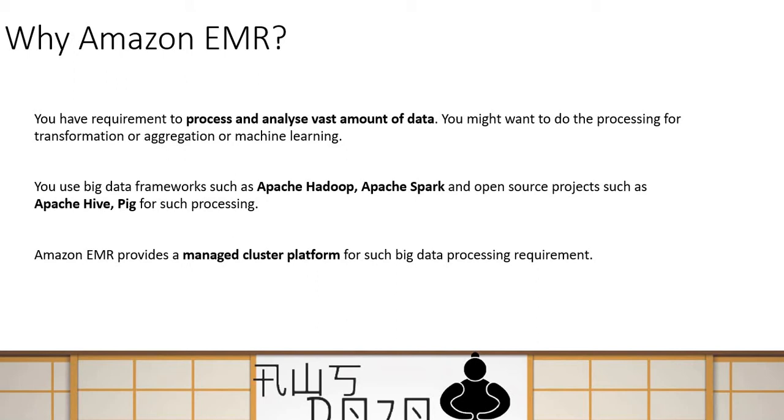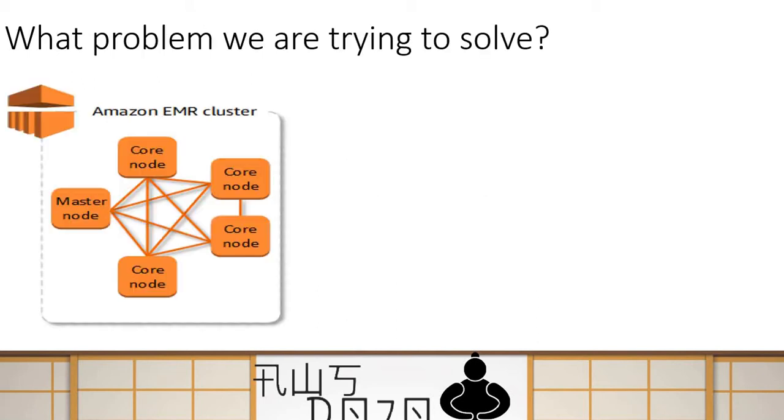Again, I'm not going to go into EMR in detail, but in short, EMR is a managed platform from AWS to process large amounts of data using big data frameworks. Okay, fair enough. So what problem are we trying to solve using a Transient EMR cluster?